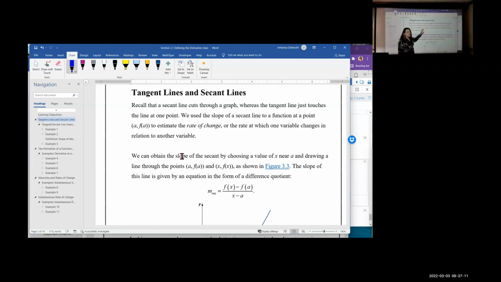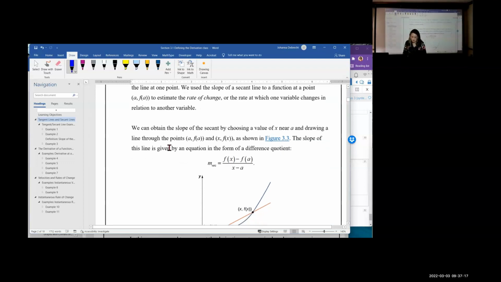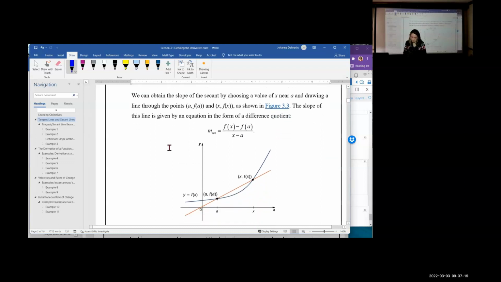The rate of change is the rate at which one variable changes with respect to another, which is just another way of saying slope of the secant line and slope of the tangent line. So the secant line, of course, is this one right here, where it's cutting through the graph at 2 places. And we can do f of x minus f of a over x minus a. And that's one way of writing down the slope of the secant line.